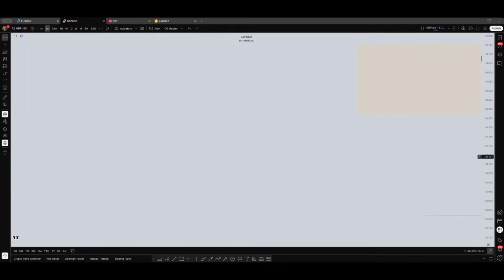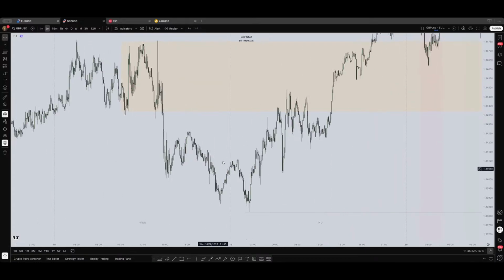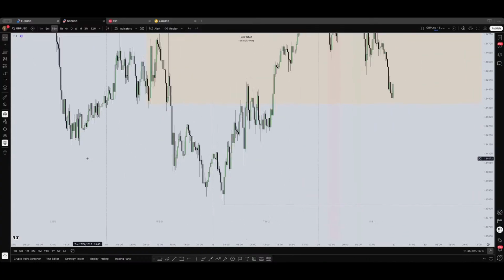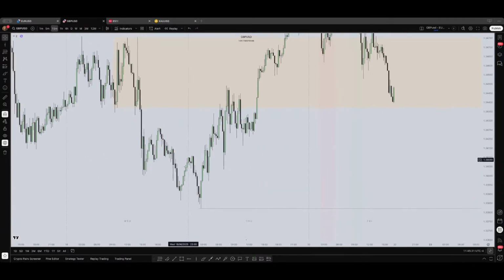price was bullish already, as you can see in 5 minutes. Low, high, lower low. Maybe if I do a 15-minute, you can see better. Low, high, lower low. We also have a breaker. This is a 15-minute bullish.